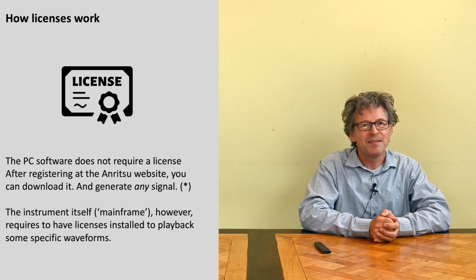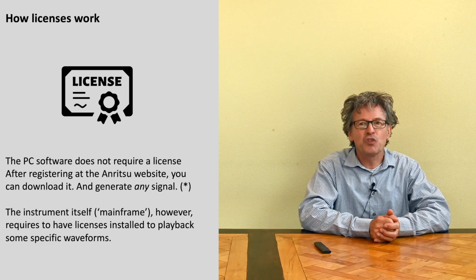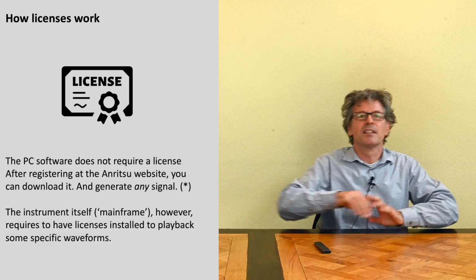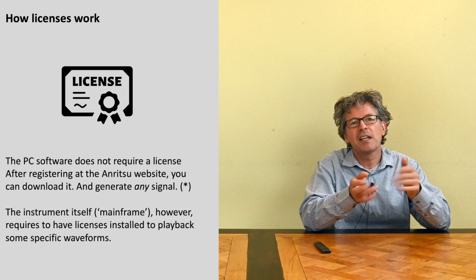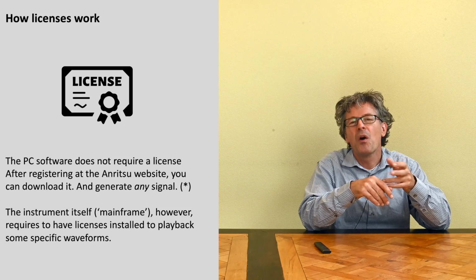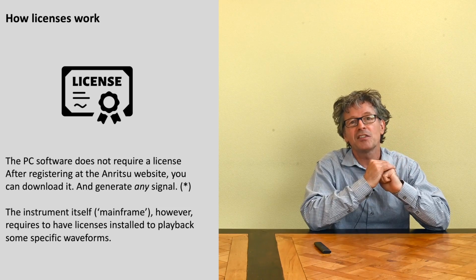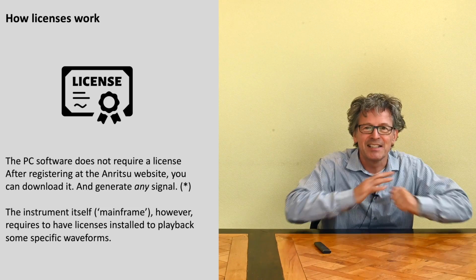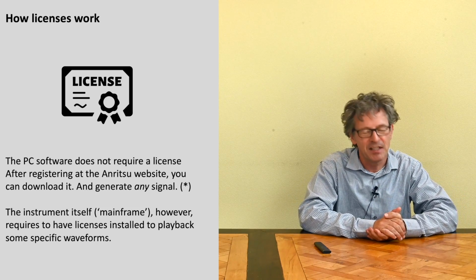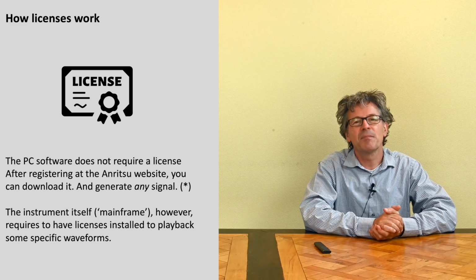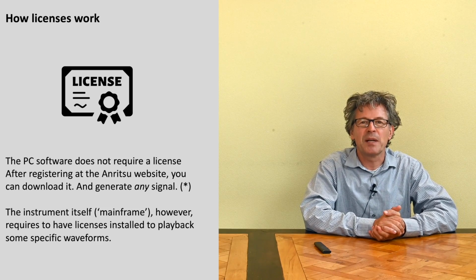The thing is that the licenses are installed and checked by the device. So that basically means that on the computer software you can generate whatever waveform, whether you've got a license or not. I put a little asterisk here because actually some specific ones were missing. I don't really get it. But LTE and beyond, you can do everything already on your computer.